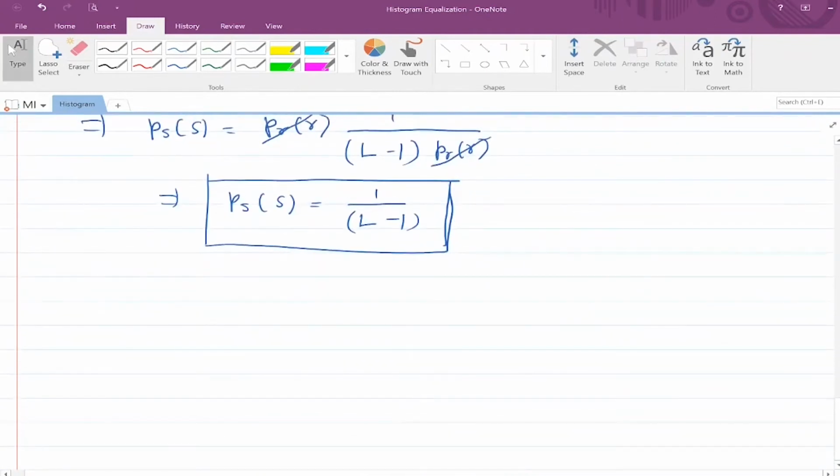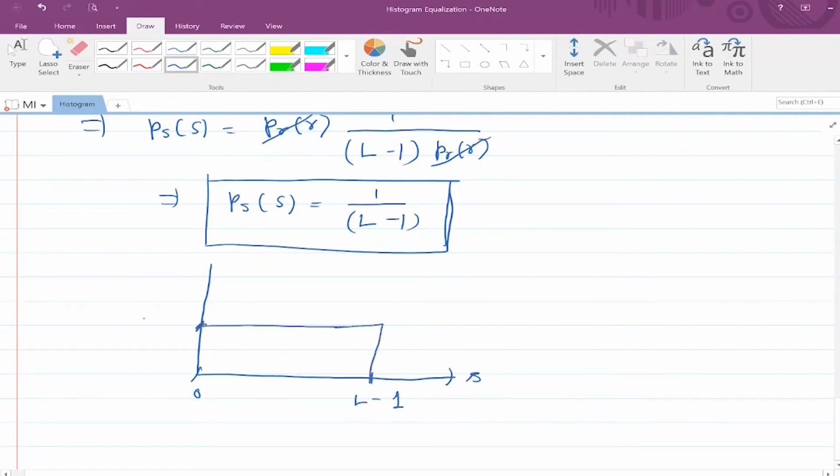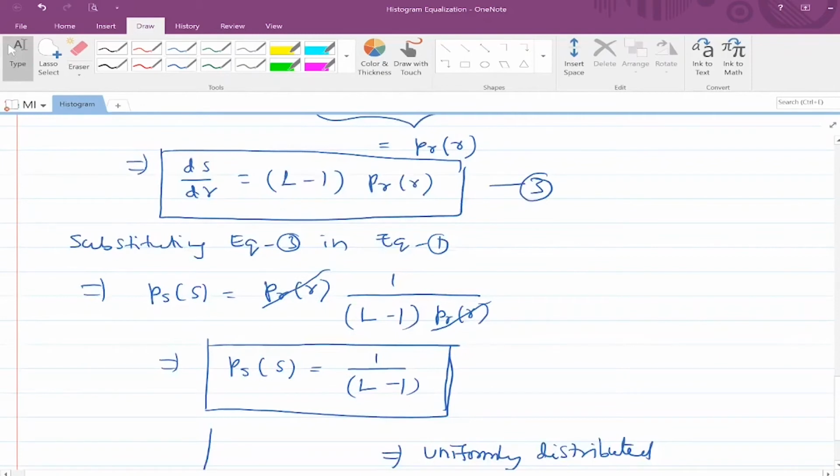So if you want, let's plot this PDF of it. You have random variable S varying from 0 to L minus 1. Independent of the S value, you always have this magnitude equivalent to 1 by L minus 1. So that means it is uniformly distributed, right? So this is the case when you have a continuous parameter.